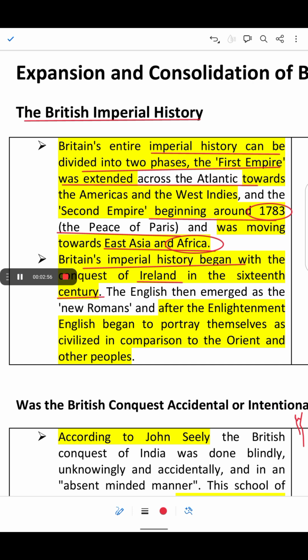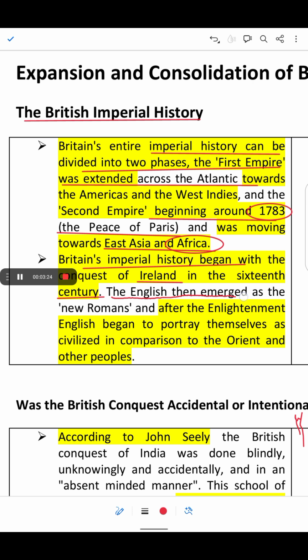So Britain had its first colony established in Ireland, and this was the beginning of British imperial history. Ireland was the first colony established by the British in the 16th century.